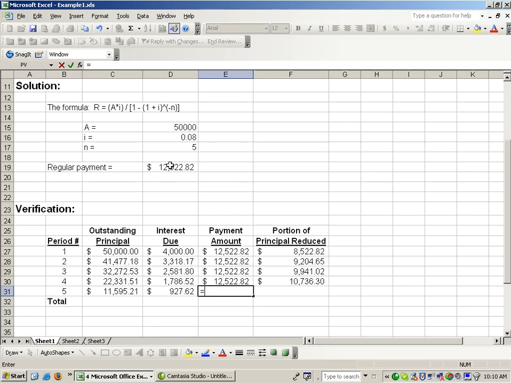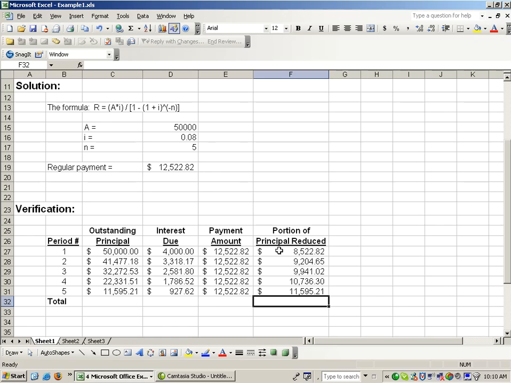The payment amount was still the 12,000 figure. And the portion of principal reduced is this minus the portion of interest. Okay? And look, the outstanding principal and the portion of principal reduced is the same.